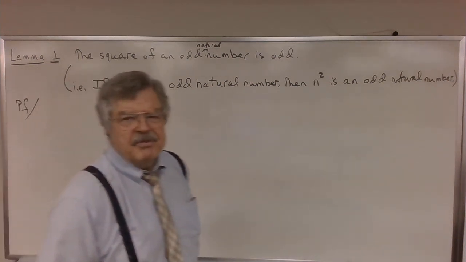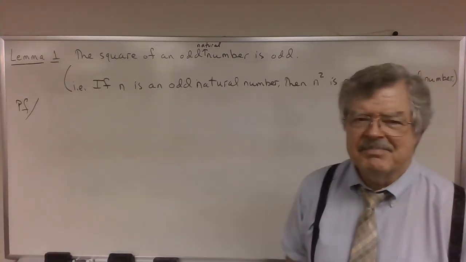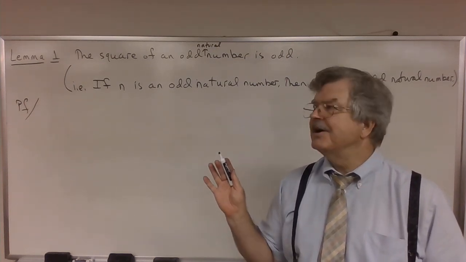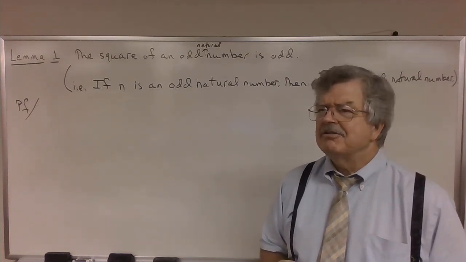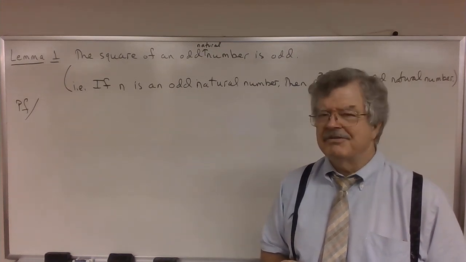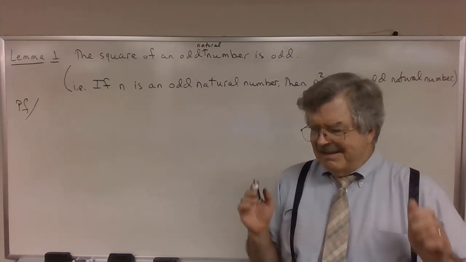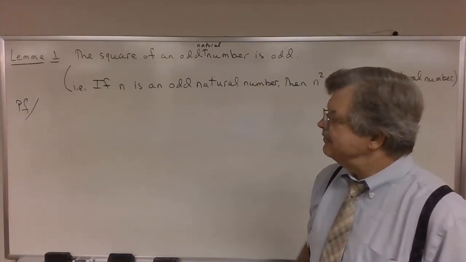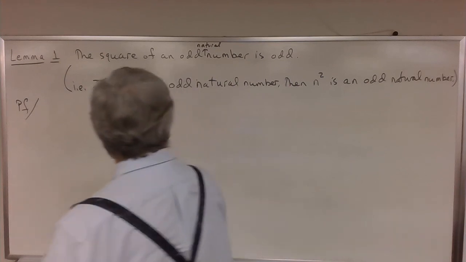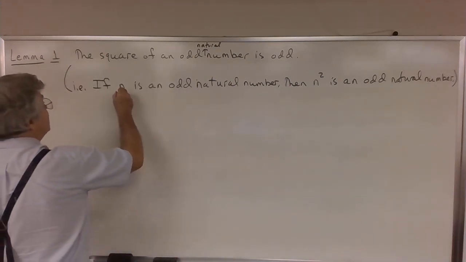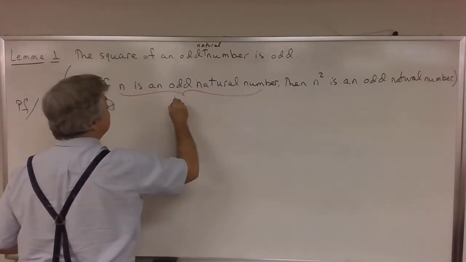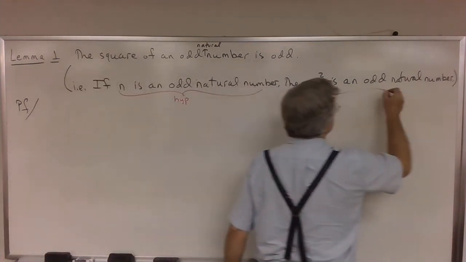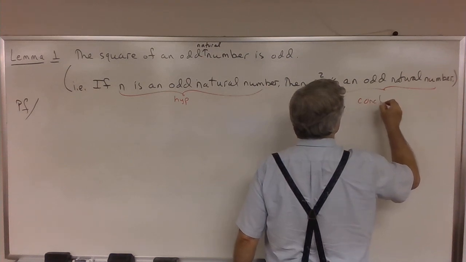Usually when I try to prove a conditional statement, I have no idea how to do it. Duh, what else is new? So what I like to do, just to gain a little momentum, is to let the hypothesis be given. And here's my hypothesis. And of course, here's my conclusion.